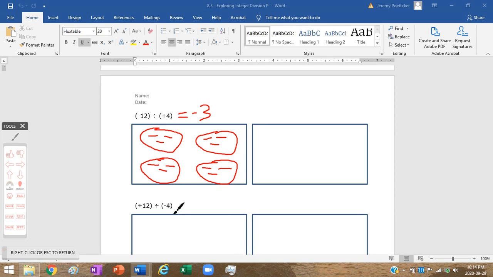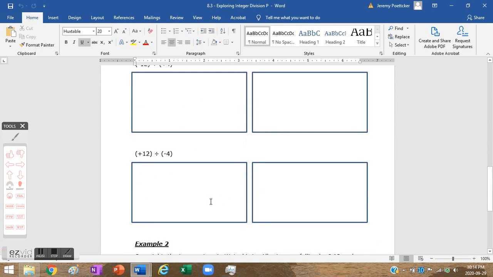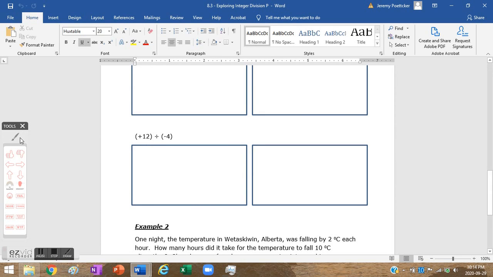Here, I'm dividing by a negative number. Well, here I want to say I'm going to divide into groups that have negative 4 in them. Again, this is going to be a tough one, or a little bit on the tough side to model.